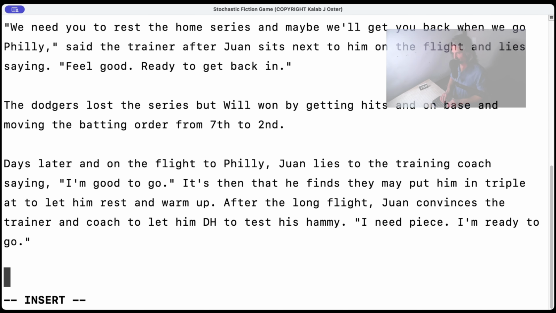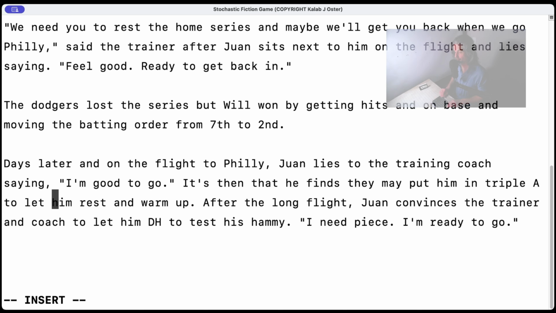Days later on the flight to Philly, Juan lies to the training coach saying, I'm good to go. It's then that he finds they may put him in triple A. To let him rest and warm up. After the long flight, Juan convinces the trainer and the coach to let him DH to test the hammy.